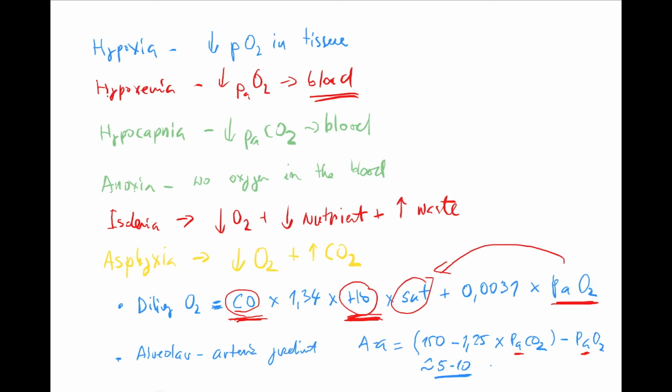If you look at the formula, the CO2 will go up because it's hypoventilation, so he's having hypercapnia, and he has decreased oxygen. But because this is 150 minus a bigger number, minus again a decrease, it makes the AA gradient normal. It's below 10 still. But the patient is hypoxemic.